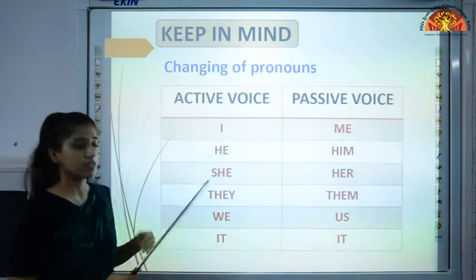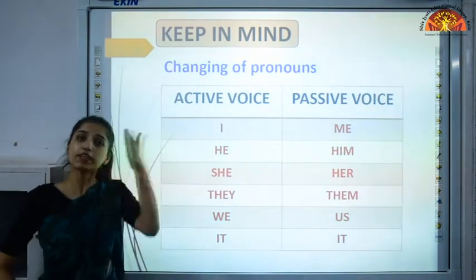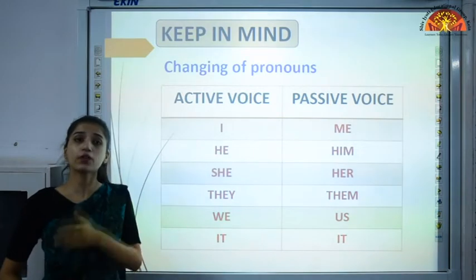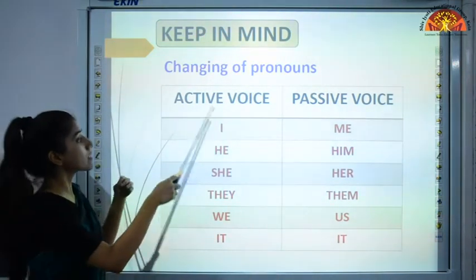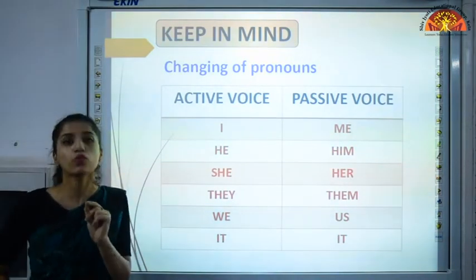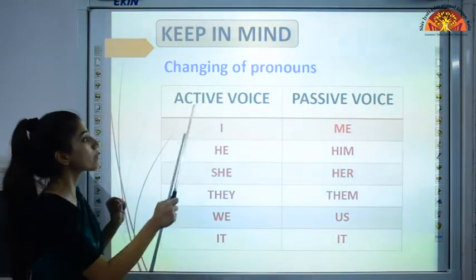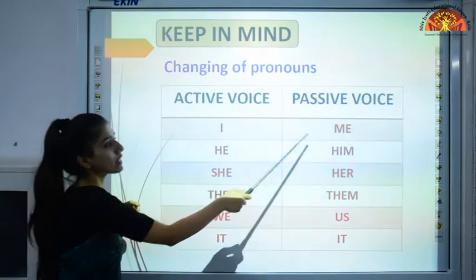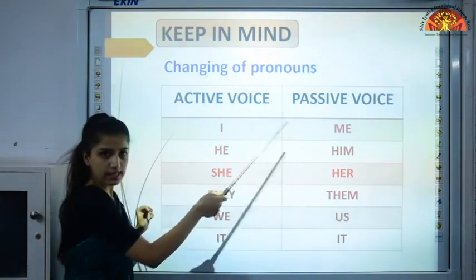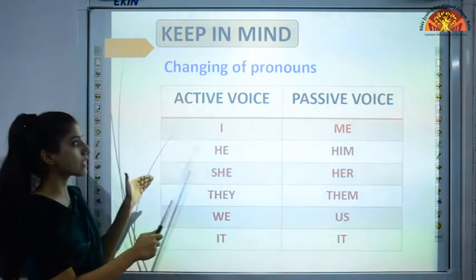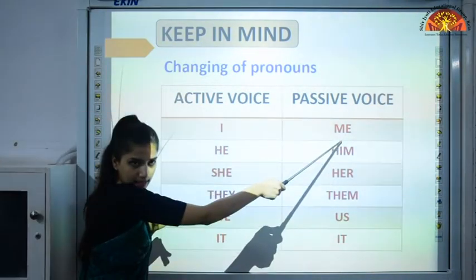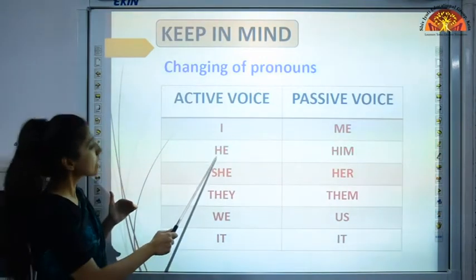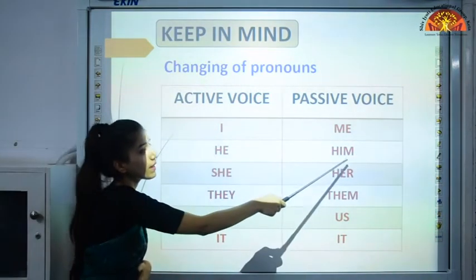Changing of pronouns. Whenever we are converting active voice into passive voice, if in the subject's place there is a pronoun, we will be changing that pronoun into these pronouns. You can see, if the subject pronoun is I, the object pronoun will be me. If the subject pronoun is he, the object pronoun will be him.